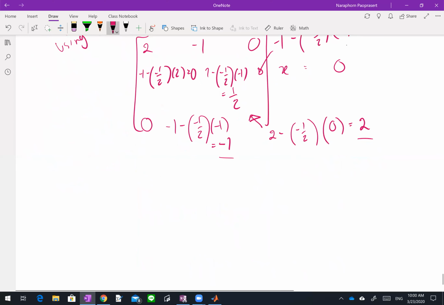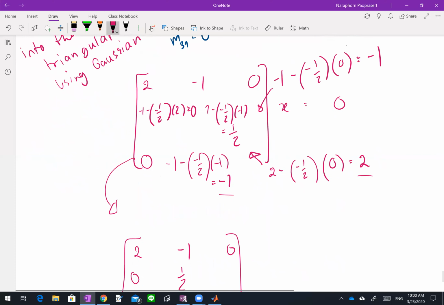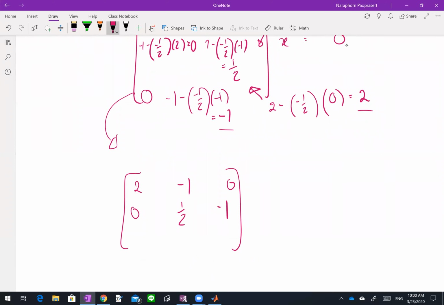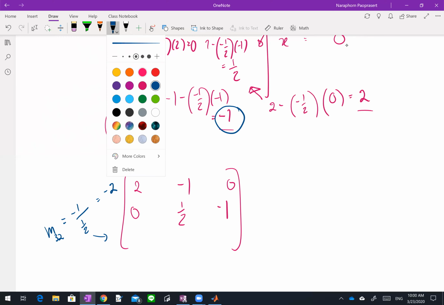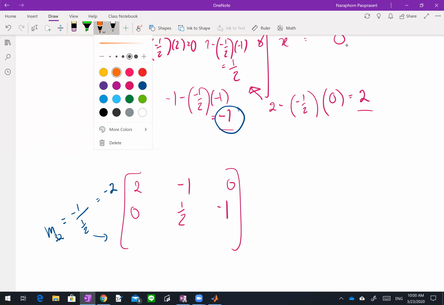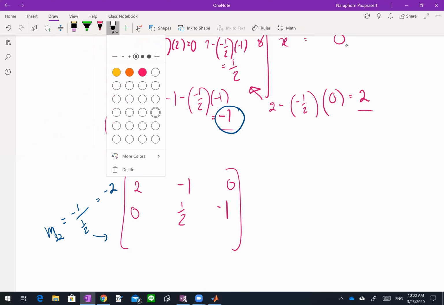In the second round, if I do the Gaussian, I have 2, minus 1, 0; 0, a half, minus 1. My m32 equals minus 1 divided by a half, so this is going to be minus 2. I just do the normal Gaussian. Wrong color, sorry.